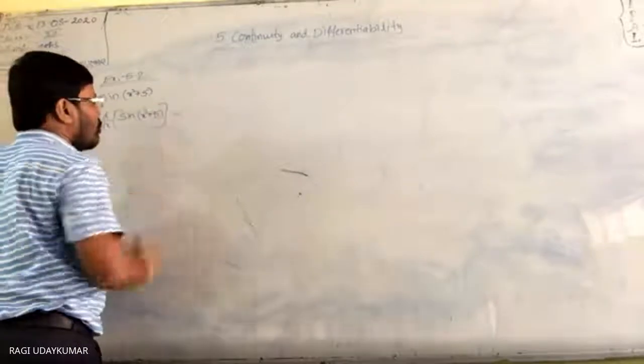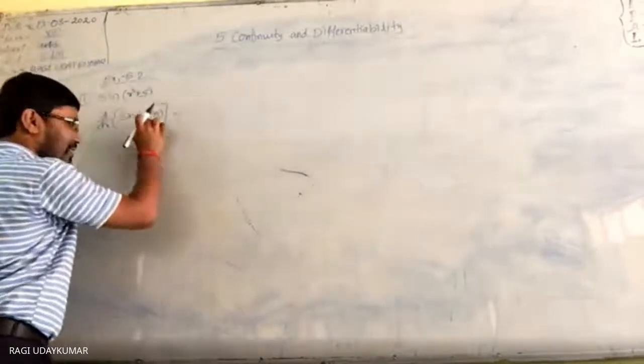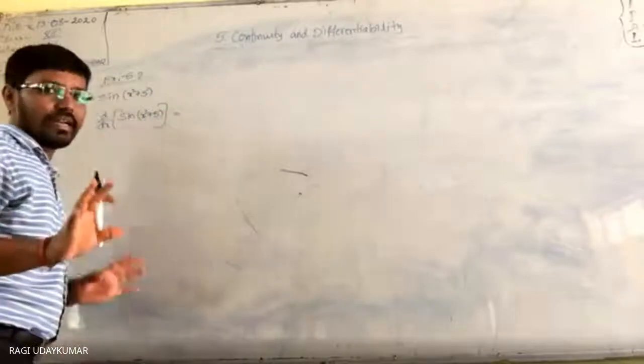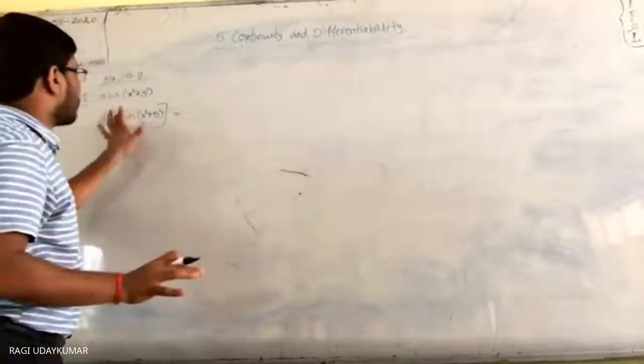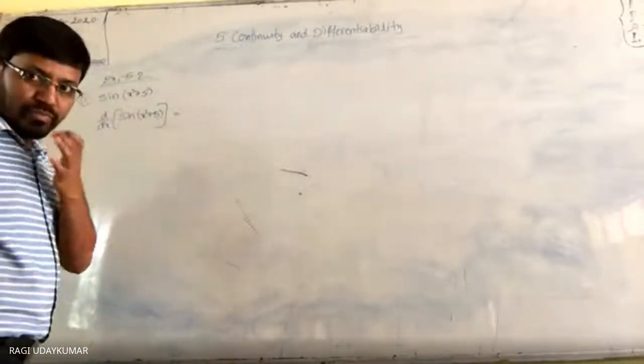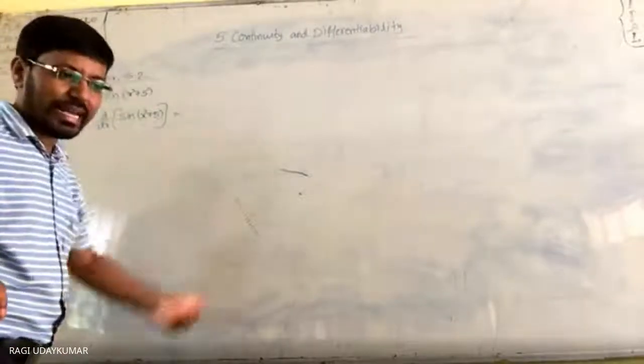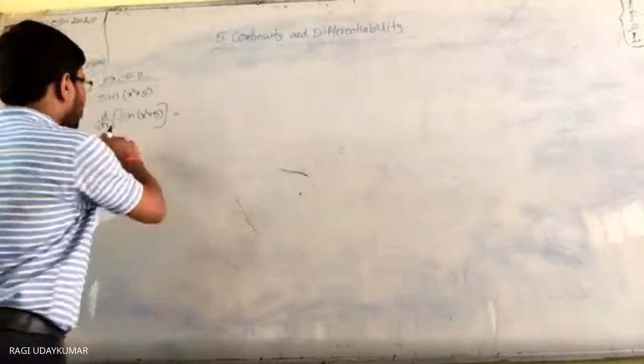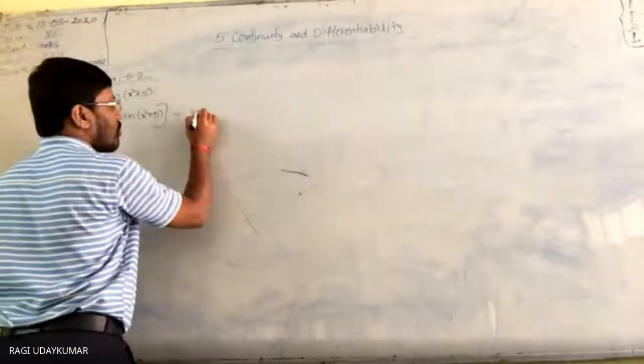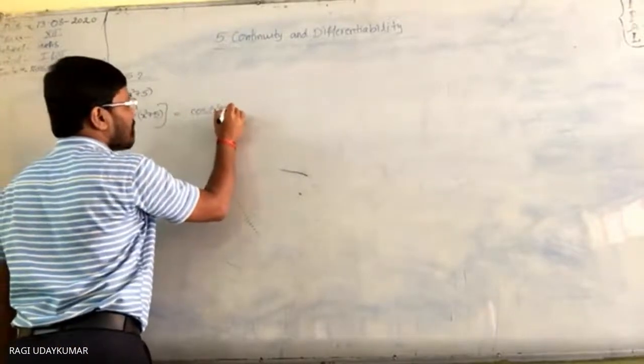Whenever you do this, consider the inner part as just x. So d by dx of sin x क्या होगा? Cos x होगा. So cos of x square plus 5.